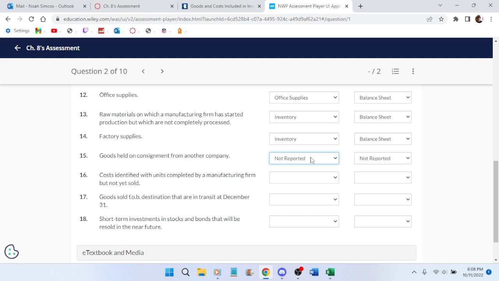Costs identified with units. Completed but not yet sold. Still inventory. It's goods sold.